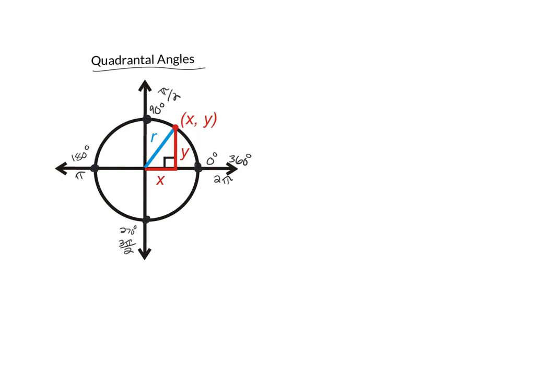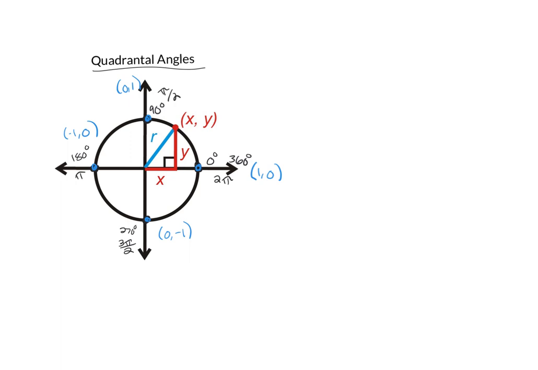And then these are the points. So this point is the point 1, 0, 0, 1, negative 1, 0, and 0, negative 1.